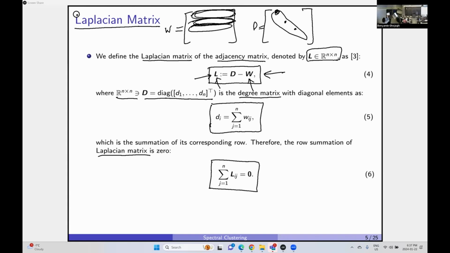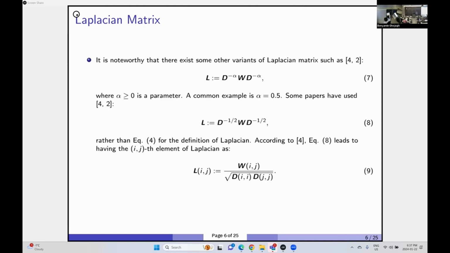Okay, so now also there are some other variants of the Laplacian matrix, such as this. D to the power minus alpha, W, D to the power minus alpha. D to the power minus means inverse of the matrix, right? And alpha means the power. Alpha is greater than or equal to 0. Usually it's half, like this.